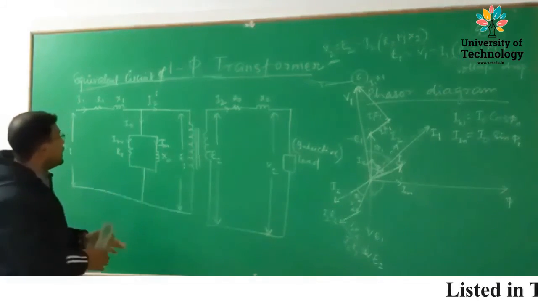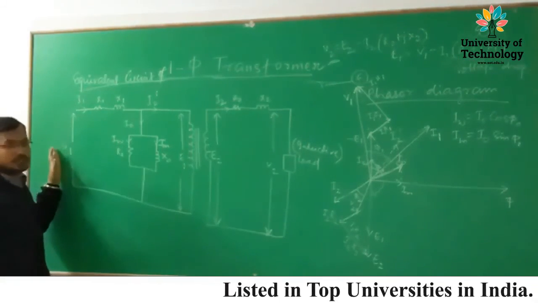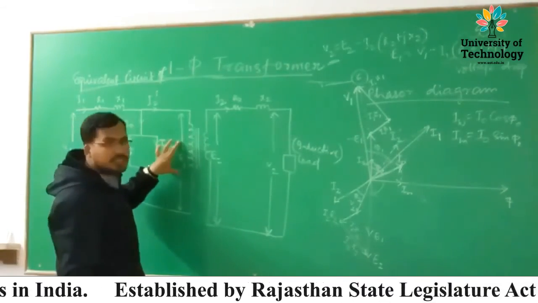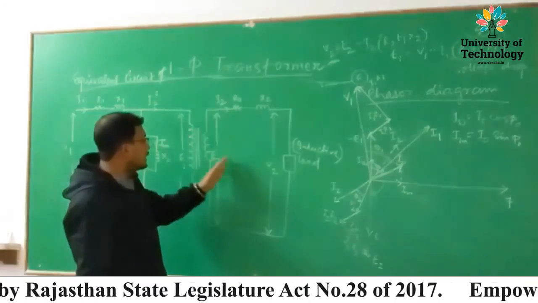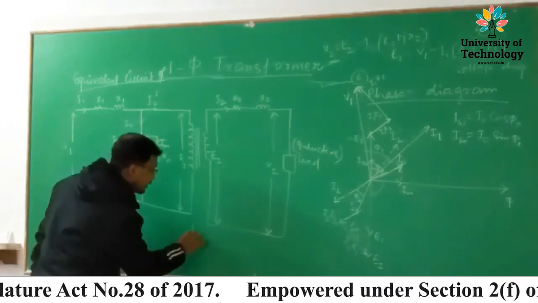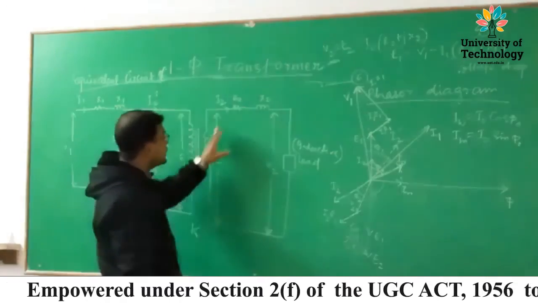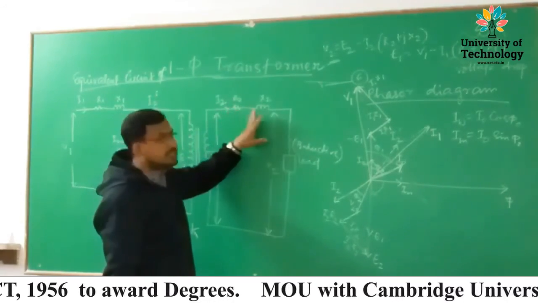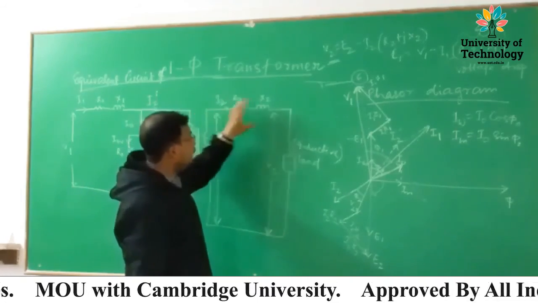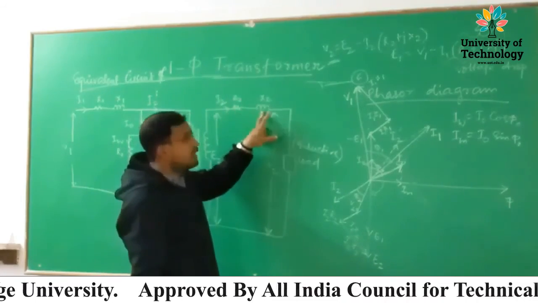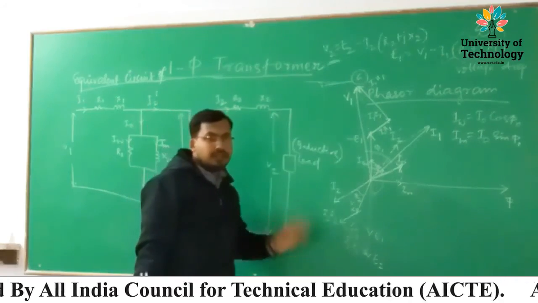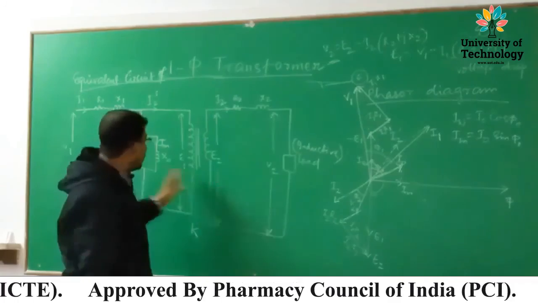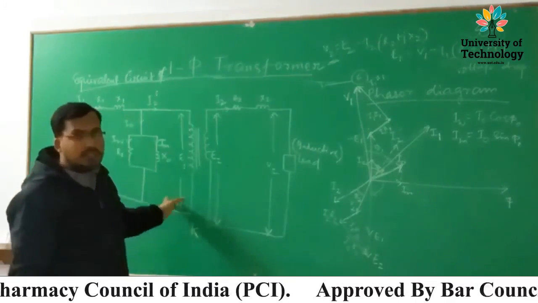These two are the parallel components, parallel to the voltage V1, and this is the core side, and the EMF induced in this is E1, the primary side voltage, and the secondary side voltage with turns ratio K. These are the resistance and reactance components of the secondary winding, and due to the current I2 it gets a drop R2 and X2 dash, and finally we get a voltage V2 across the load. This is the exact equivalent circuit of the transformer.